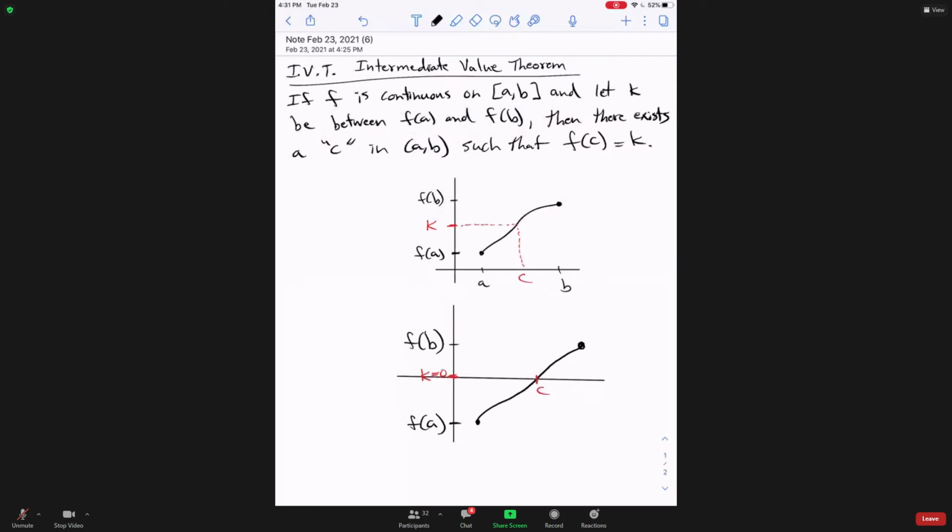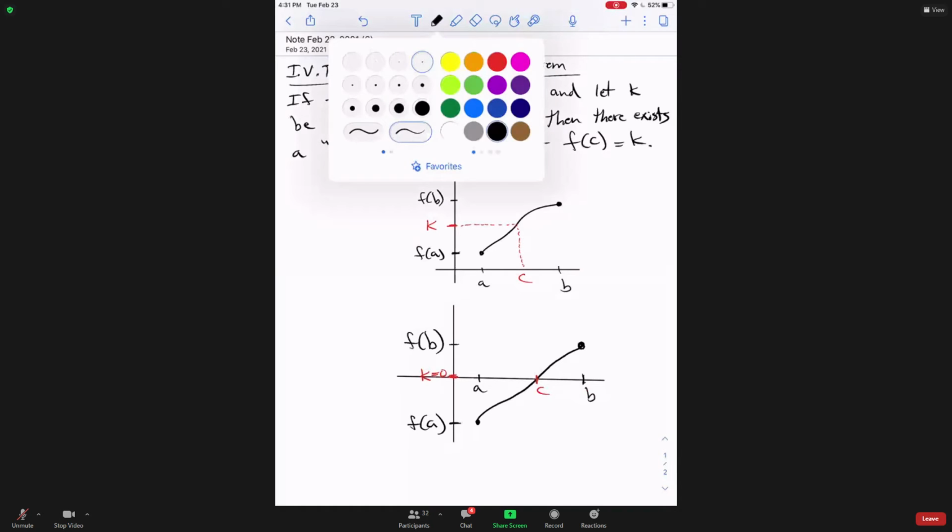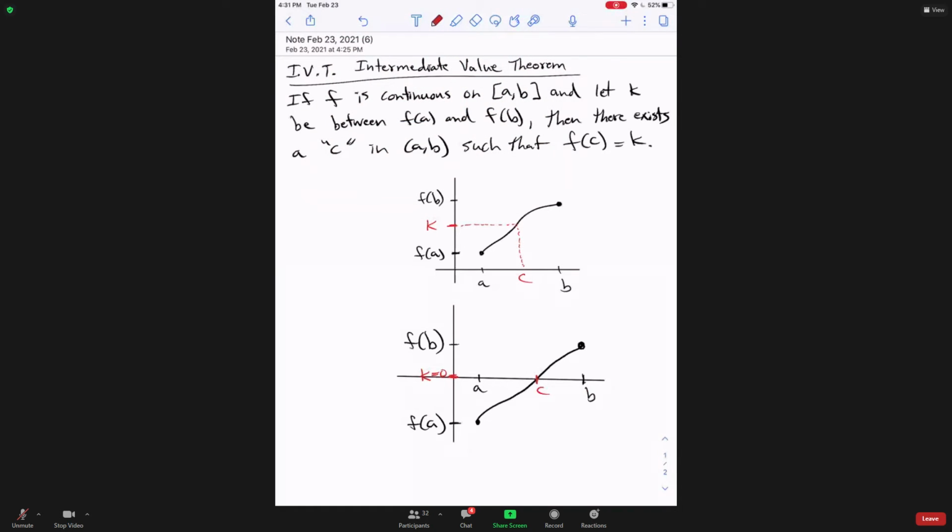So this is your a, this is your b. In this particular problem, k equals 0, so that c value is where f(c) equals 0. So in this case, f(c) equals k, but in this case, k equals 0.